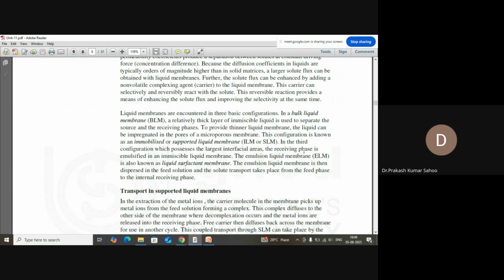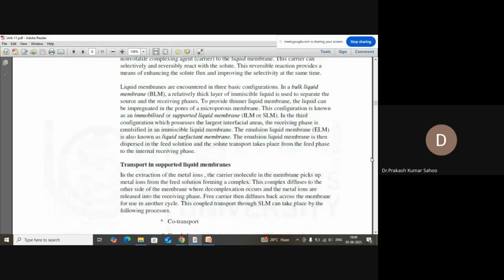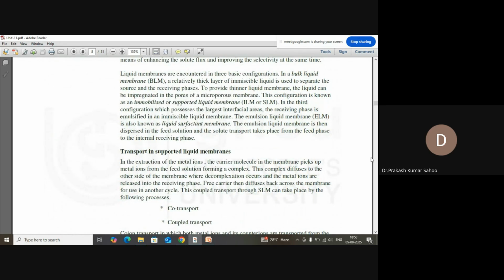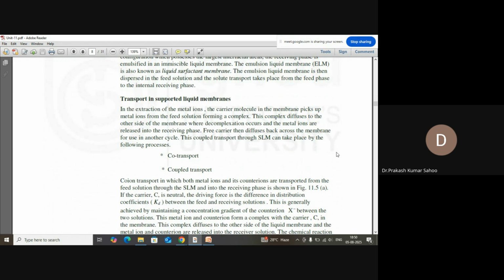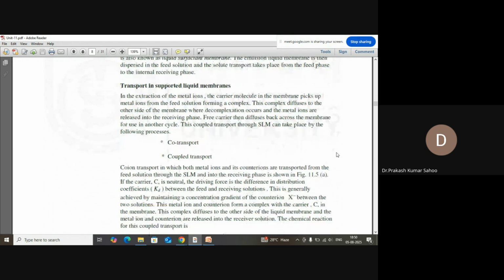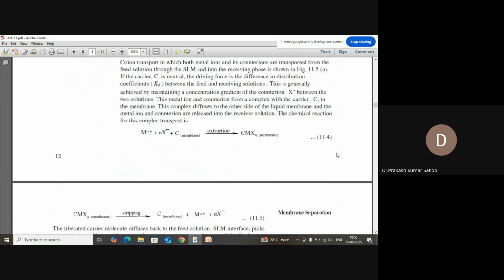This configuration is known as an immobilized or supported liquid membrane, ILM or SLM. The emulsion liquid membrane, ELM, is also known as the liquid surfactant membrane. The emulsion is dispersed in the feed solution and the solute transport takes place from the feed phase to the internal receiving phase. We have the transport in supported liquid membrane: co-transport and coupled transport.